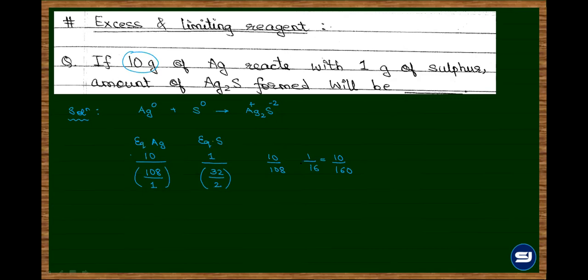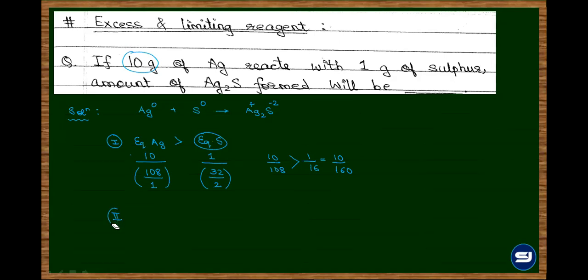So with 10 being a constant, denominator you have to compare, and lower the denominator, higher is the value. Yes or no? Yes, sir. We can say that this equivalence is greater, and if equivalence of Ag is greater, this sulfur becomes your limiting reagent.